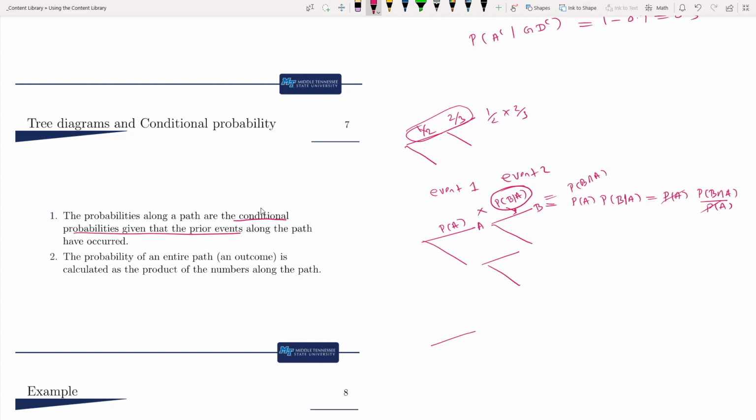You may have more than one branch, like if you have 3 events, then this is A, this is probability of A, and this is B, but this is going to be probability B given A because A already happened. And this is C, then this probability is C given A and B both occurred. Okay. So forth. That's how the probabilities propagate through that.